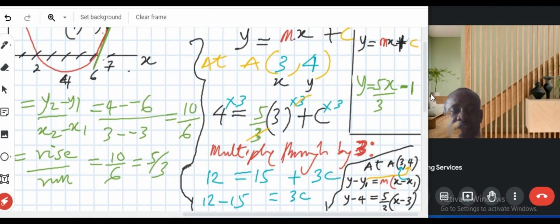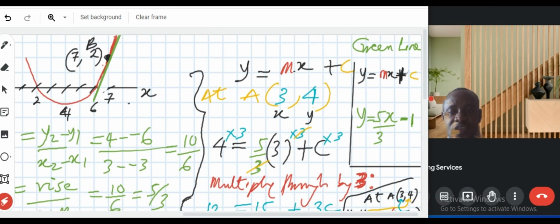For the tangent line we have drawn, pick any given point and get rise over run. After we've gotten the gradient, we can use this particular coordinate, for instance, 7, 2.